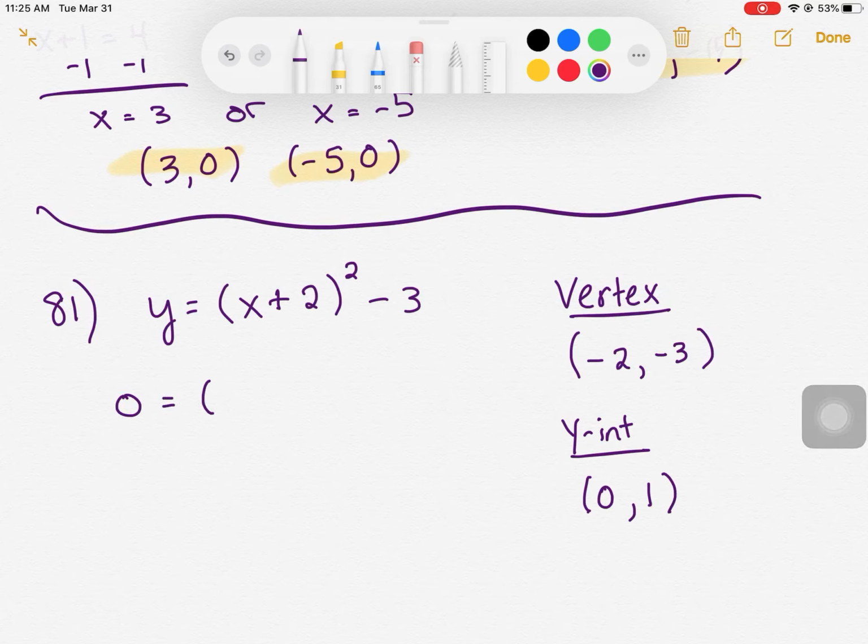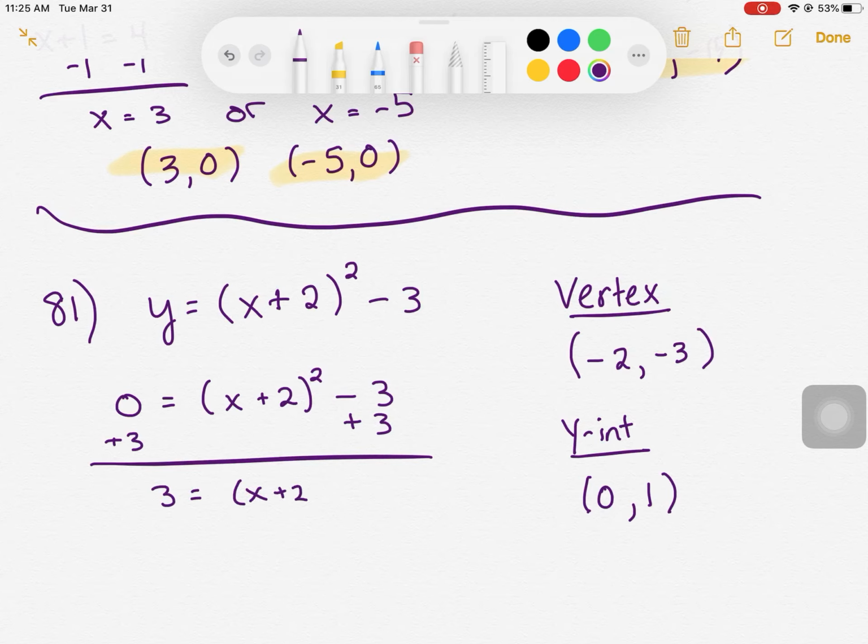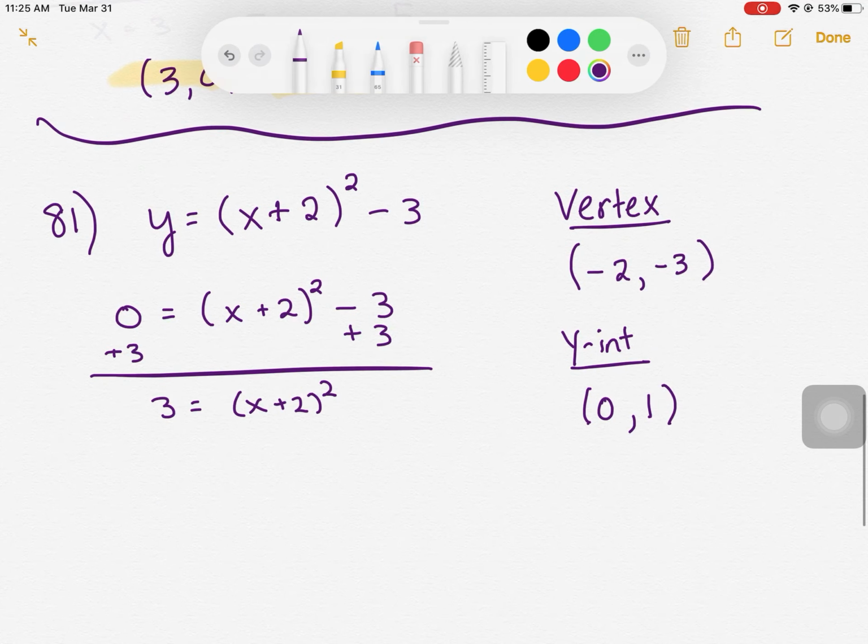And now I'm going to go through and find my x-intercepts by solving this equation for x. So I'm going to add 3 to both sides. I get 3 equals the quantity x plus 2 squared. And I know I'm going to take the square root of both sides. So what I end up with is two things.